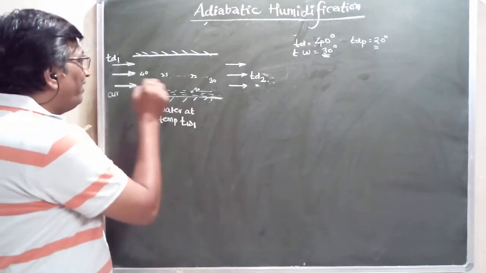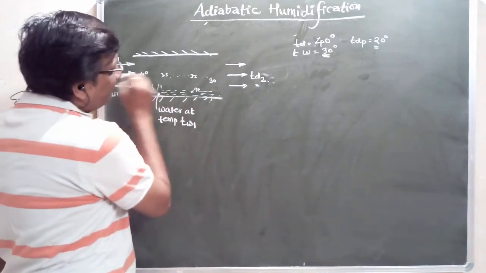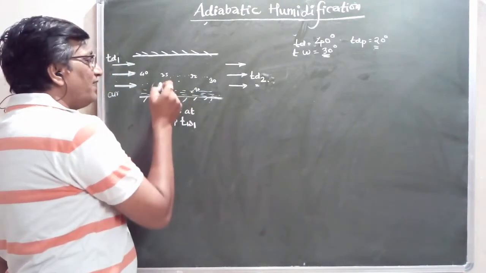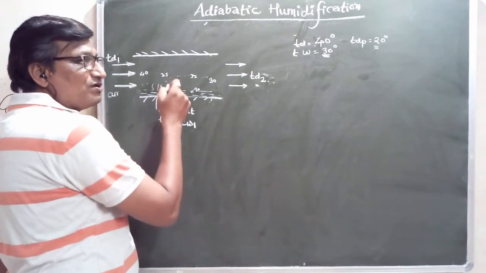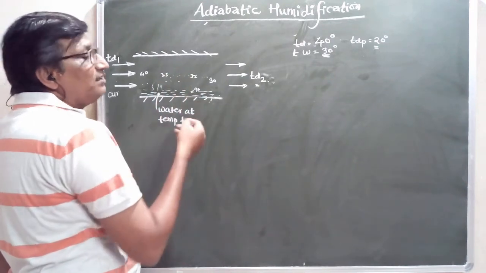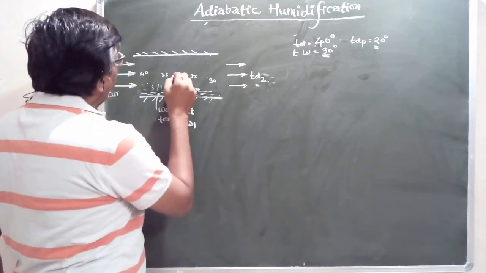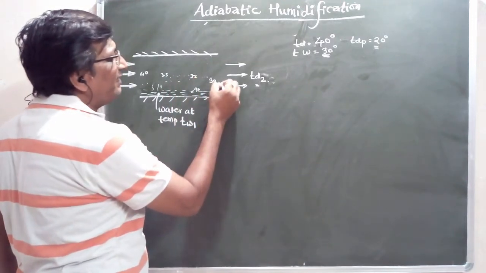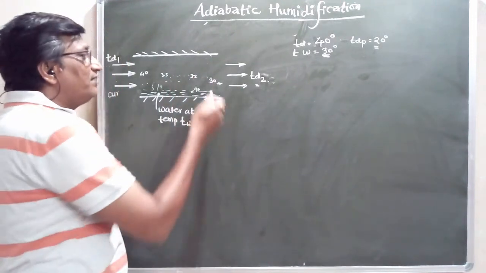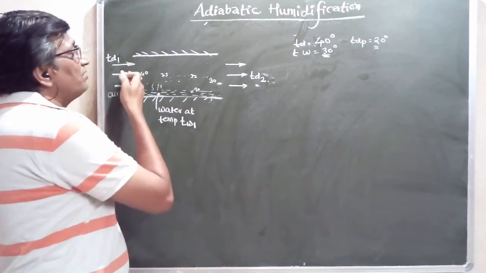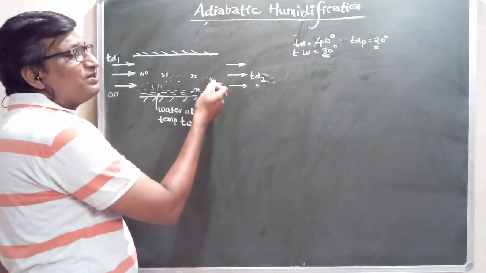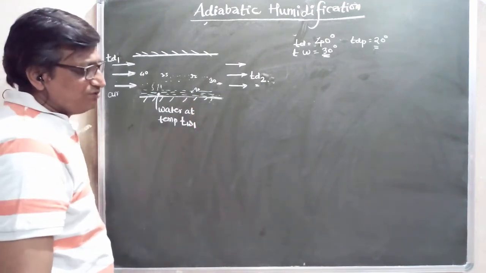As the air goes from here to here, it is absorbing water particles, and it is cooled, and at the end of the process the temperature comes to equal the wet bulb temperature. That means it will be a saturated one.